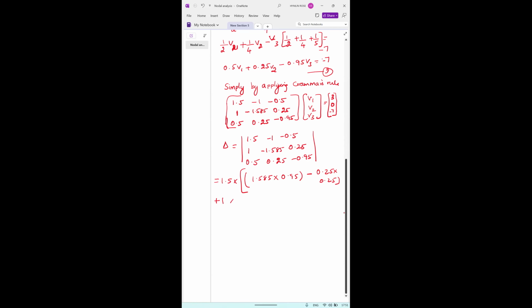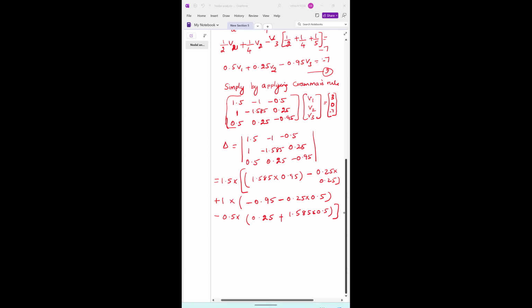Plus 1 into minus 0.95 minus 0.25 into 0.25. Next minus 0.5 into 0.25 into 1, so 0.25, minus into minus becomes plus 1.585 into 0.85.